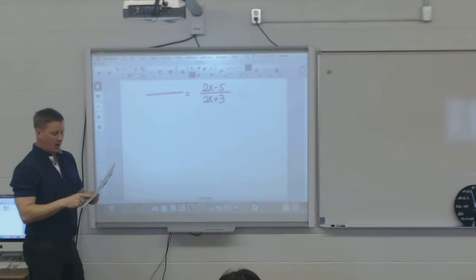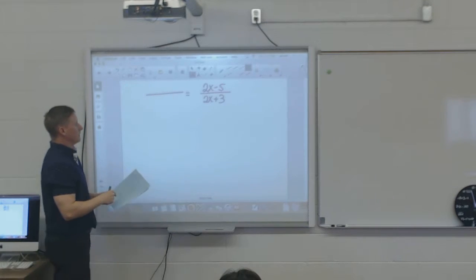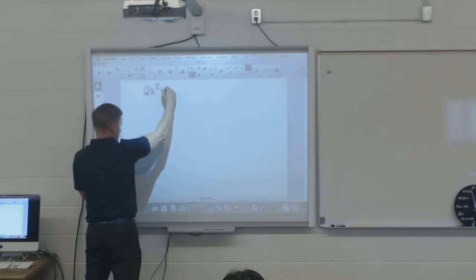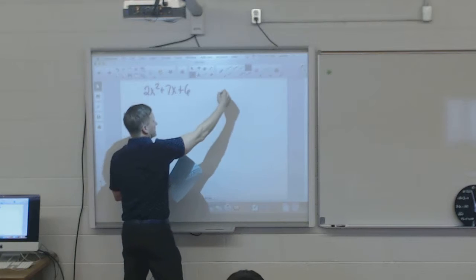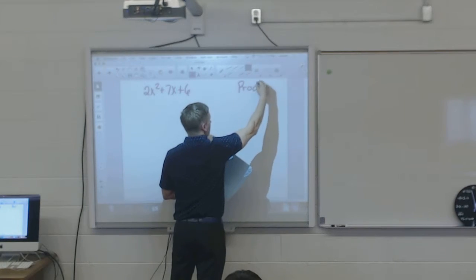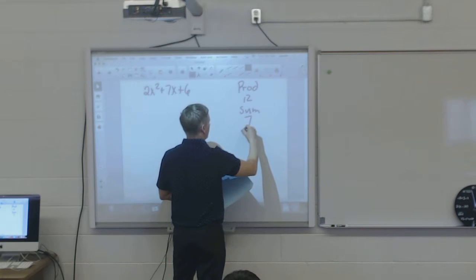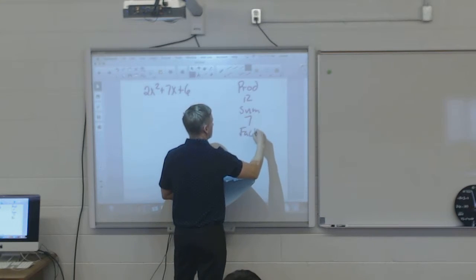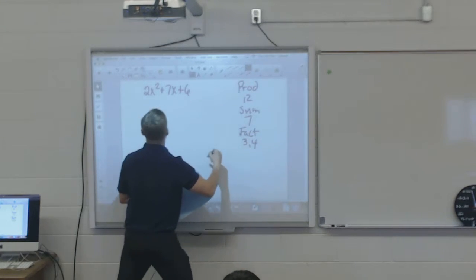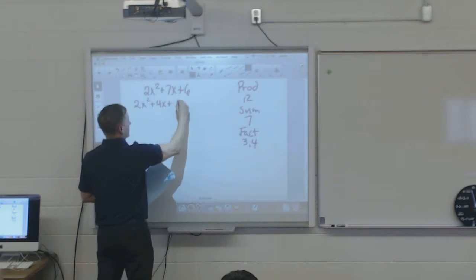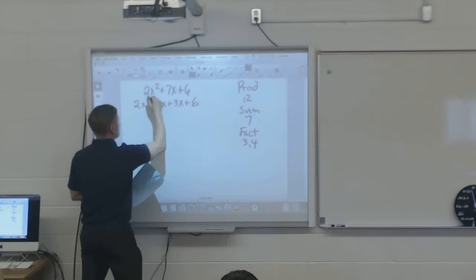So if I factor the bottom, I'm going to factor the bottom again. 2x squared plus 7x plus 6. Product, 12, sum, 7. Factors, 3 and 4, right? So 2x squared plus 4x plus 3x plus 6.